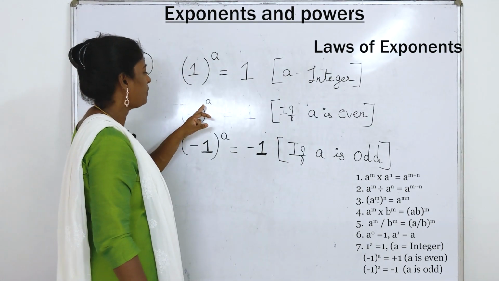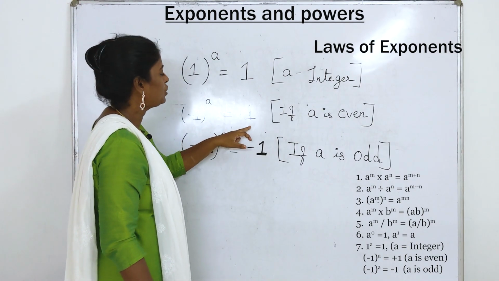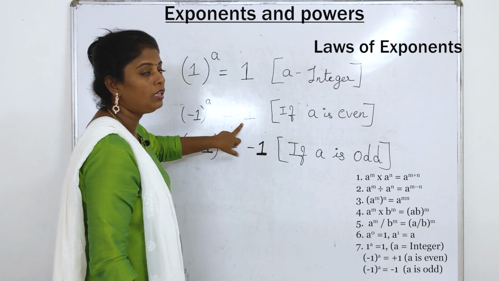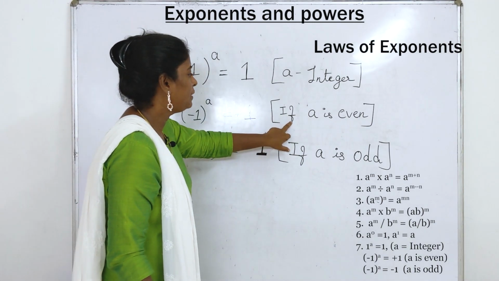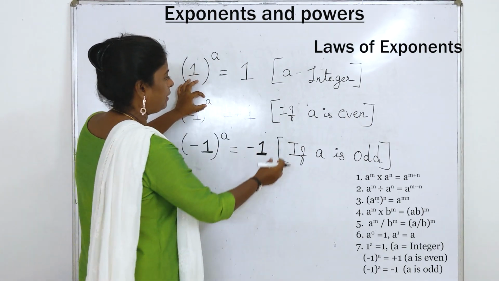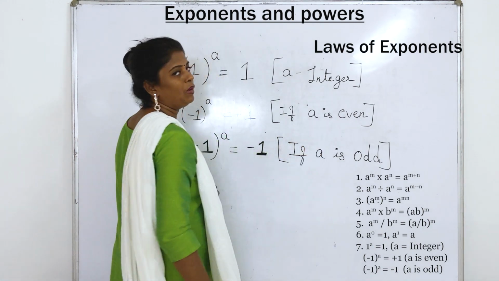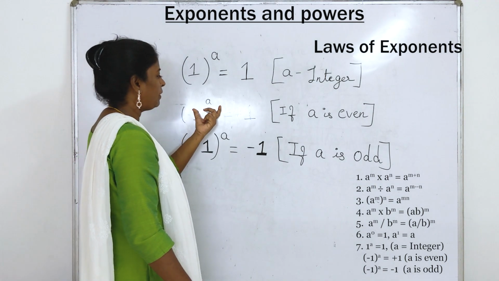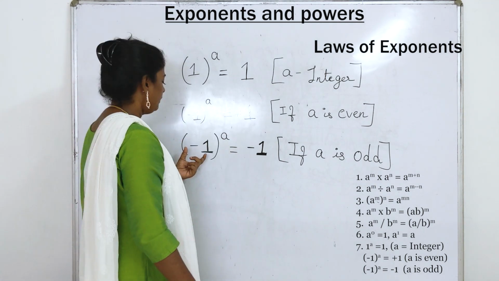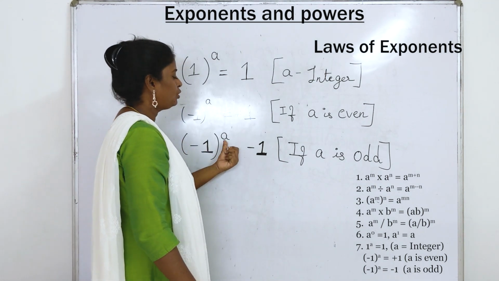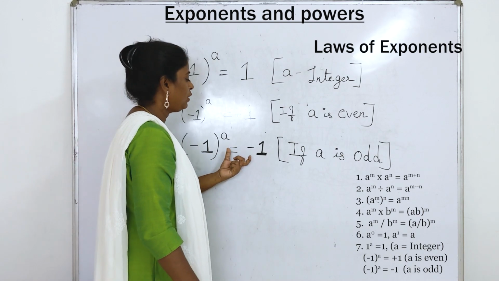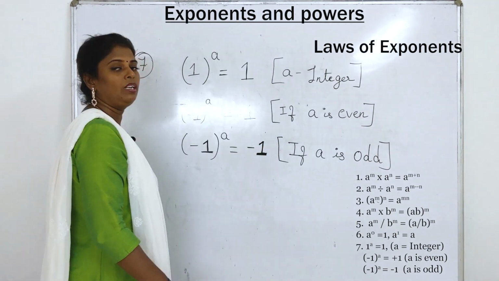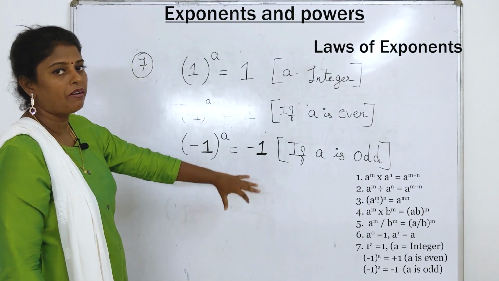Minus 1 to the power a is equal to plus 1 only if the power a is even. If the power is even, then minus 1 to the power a is equal to positive 1. Minus 1 to the power a is equal to minus 1 only if a is odd, that is, the power is odd.